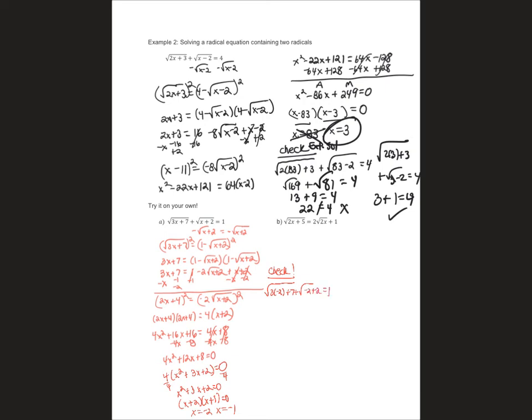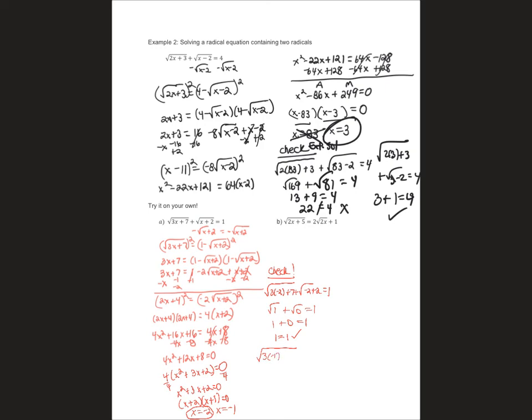Well, 3 times negative 2 is negative 6, plus 7 is 1, so I have the square root of 1 plus the square root of 0 equals 1. Square root of 1 is 1, square root of 0 is 0. We get 1 equals 1. That's a good answer. So we know x equals negative 2 works. Let's check negative 1.